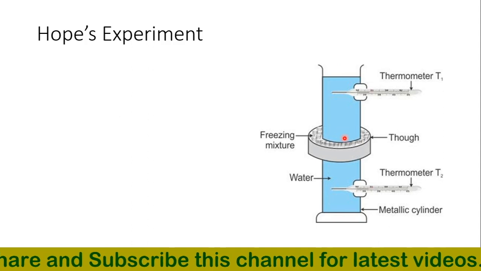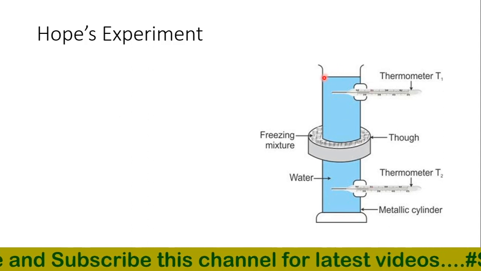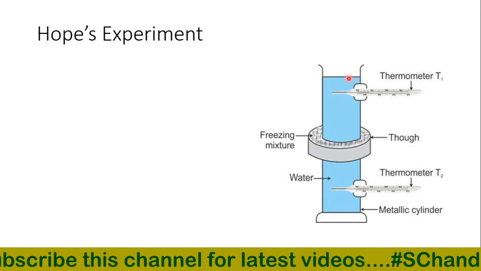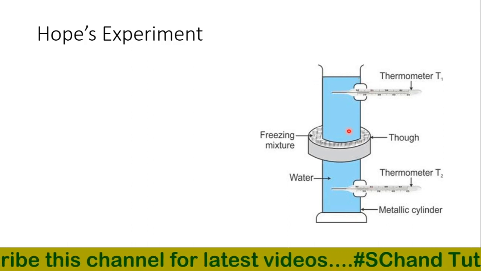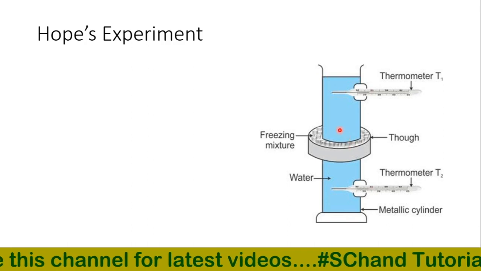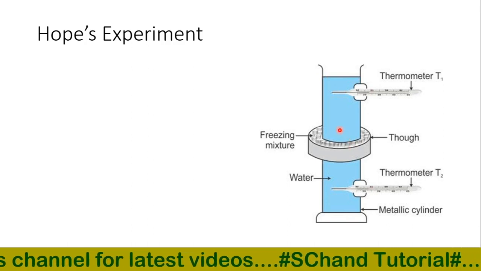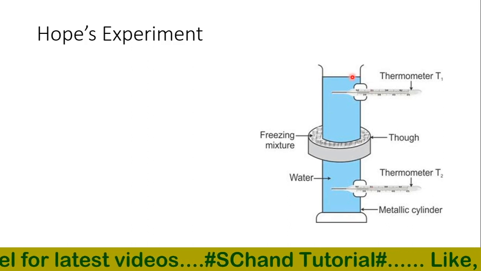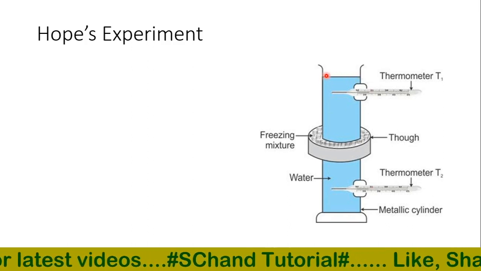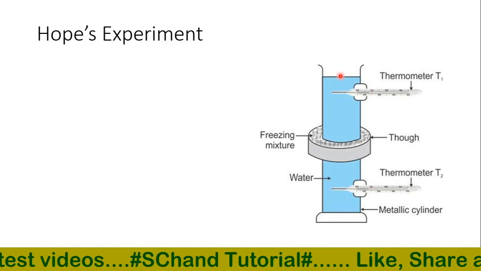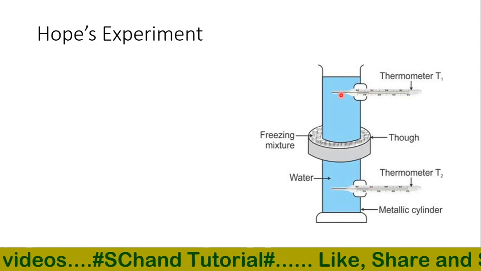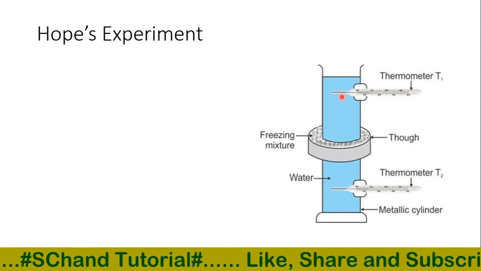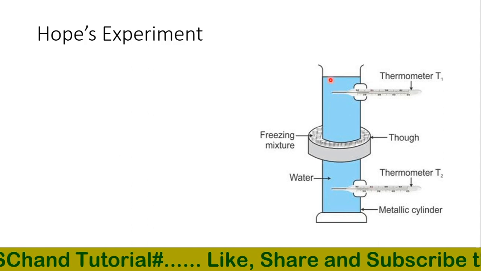A layer of ice starts forming on the top. As the temperature falls below 4 degrees Celsius, the water becomes lighter, and there is formation of a layer of ice on the upper surface, and the temperature recorded on this thermometer is 0 degrees Celsius, from 4 to 0 degrees Celsius.